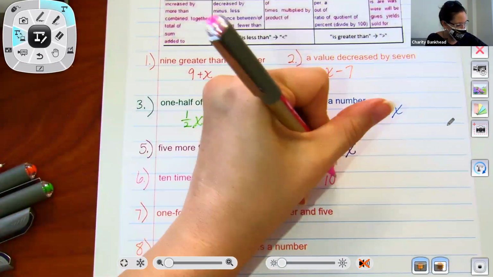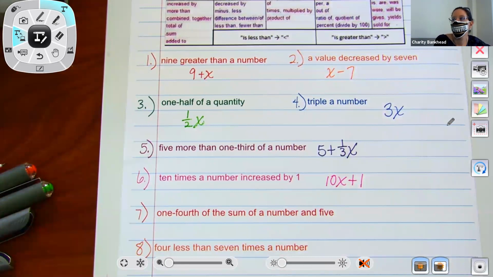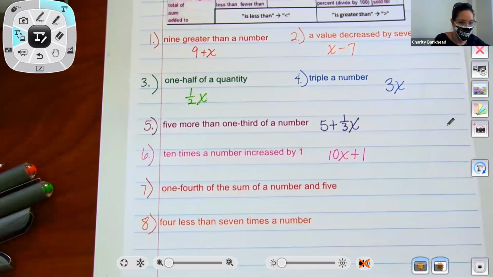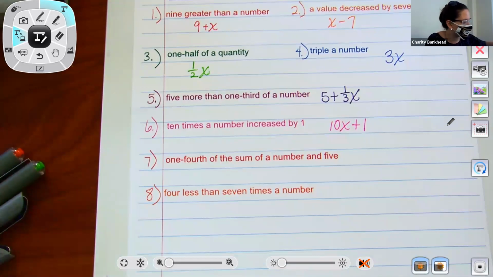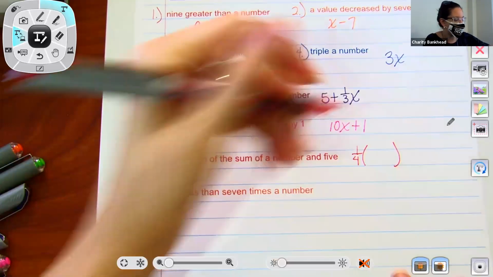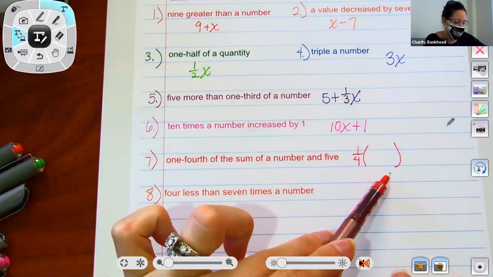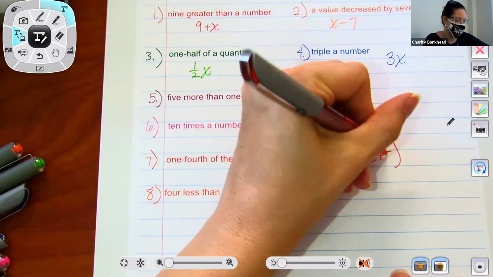So that would be 10X plus 1. Number 7 says 1/4 of the sum of a number and 5. So that's 1/4 multiplied by the entire sum, so we need it in parentheses, the sum of a number and 5, so that would be X plus 5.